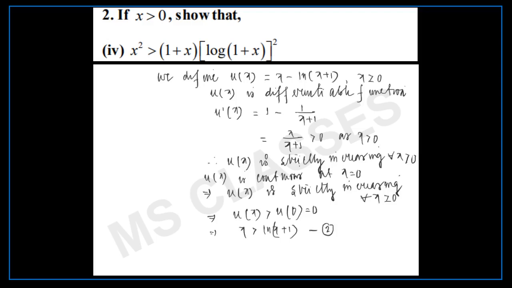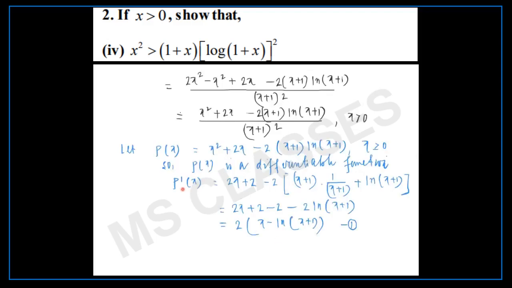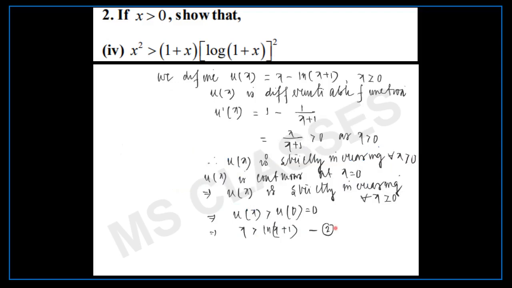Now, from 1 and 2, we conclude p dash x greater than 0.